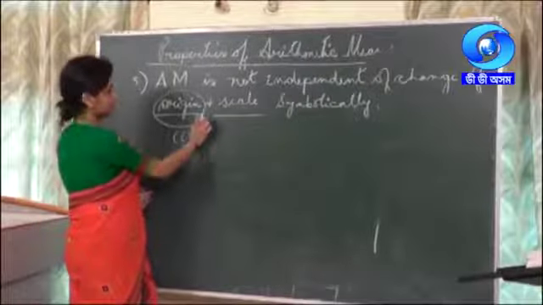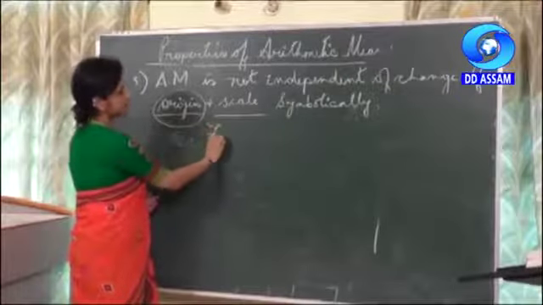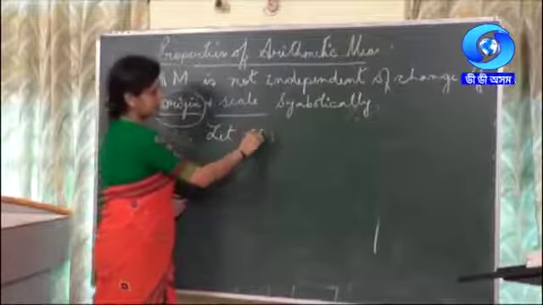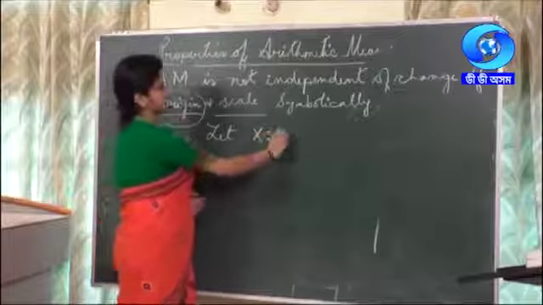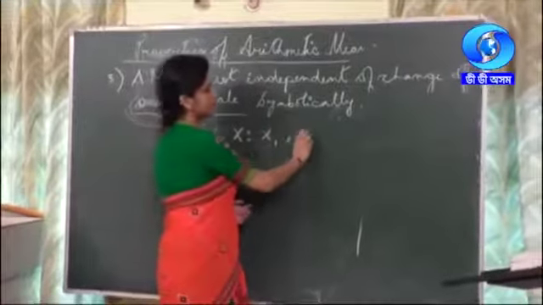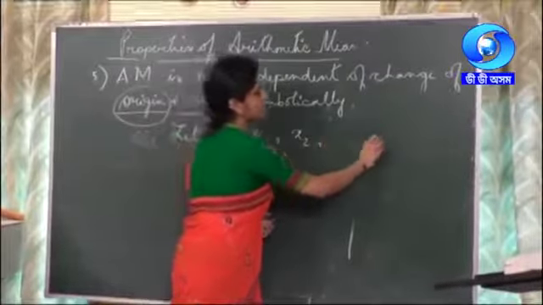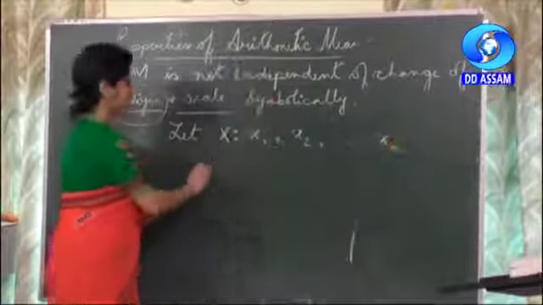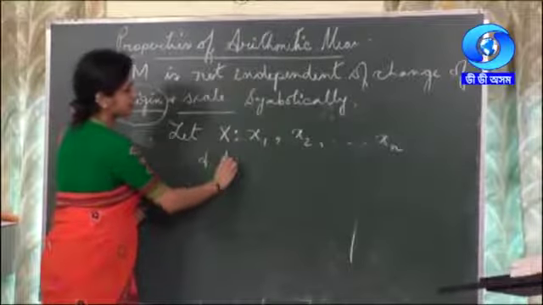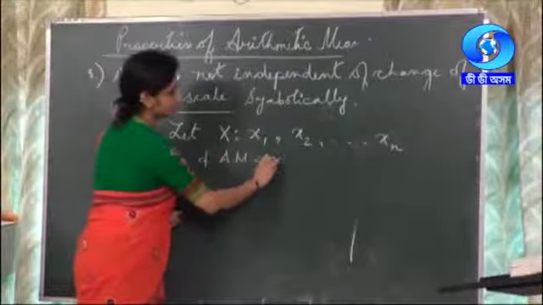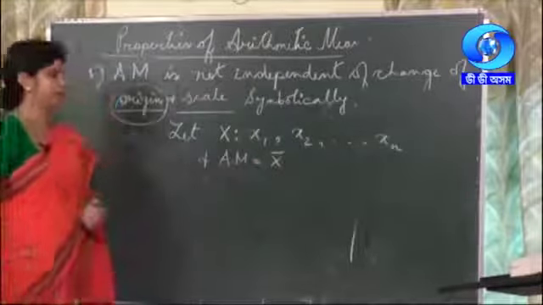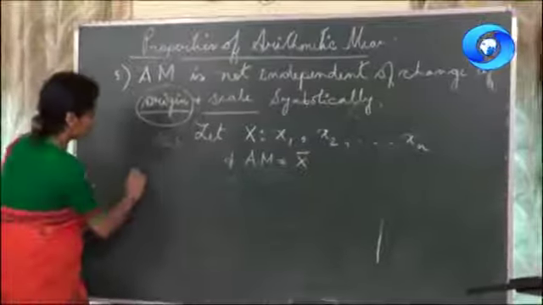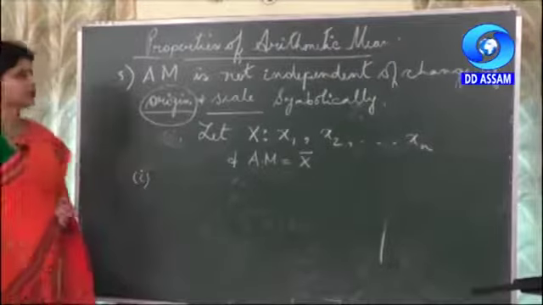First we take, symbolically, let x be a variable taking values x1, x2, etc. up to xn, and let the arithmetic mean be denoted by x bar. Then the first case is change of origin.